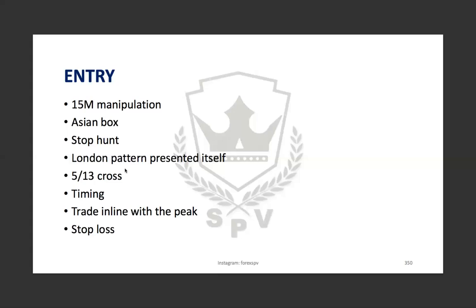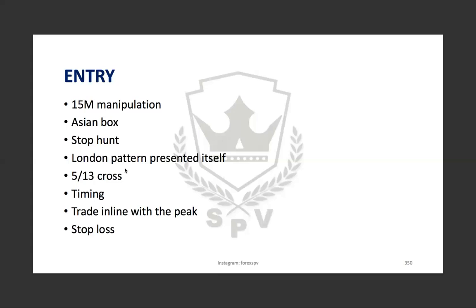We look for the stop point. Is it going as anticipated? Did the London pattern present itself? If the London pattern presented itself, do we have the entry confirmation, the 5 and 13 crossover? And is the timing correct? And here the timing is only London or New York. And they usually take trades until 1700.